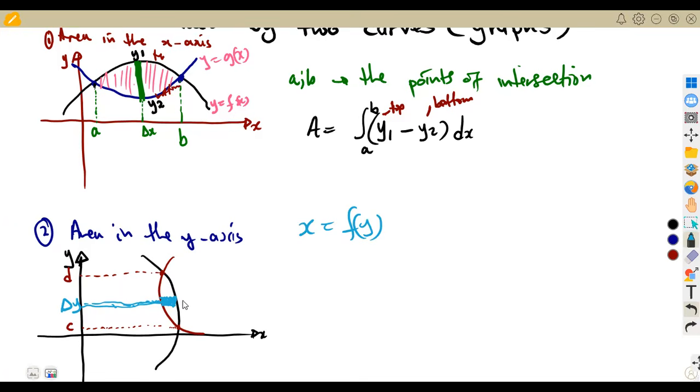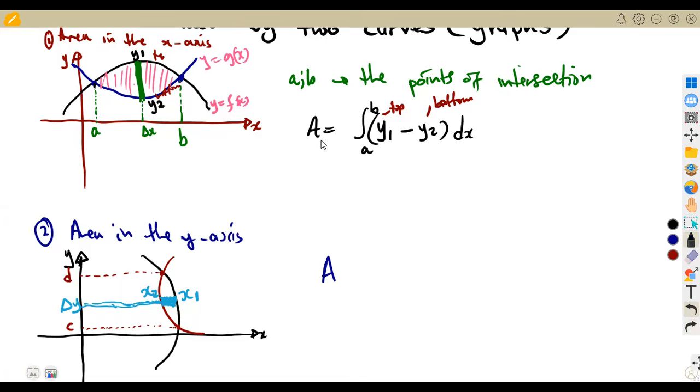All right, so you can just write x1 on top, then x2 as the one that is below. So x1 is equal to f of y. x2 is also equal to a function in terms of y. So with this, having the limits in the y-axis, we can obtain our area, which is simply the difference between the one that is on top, which is x1, minus the one below.